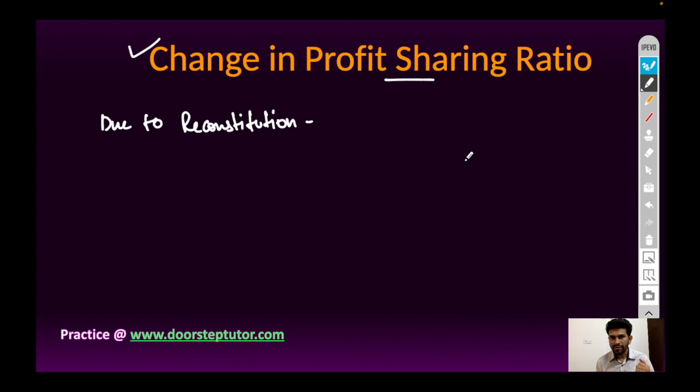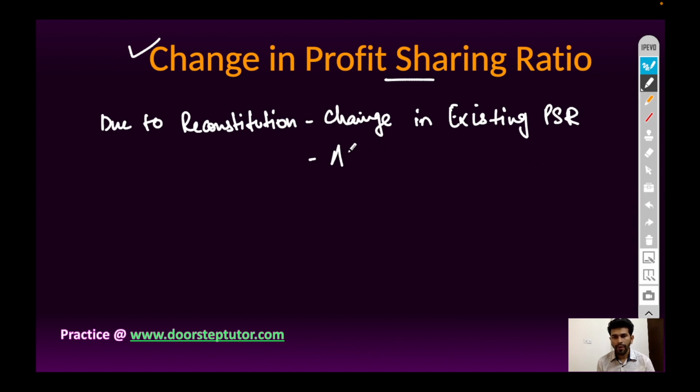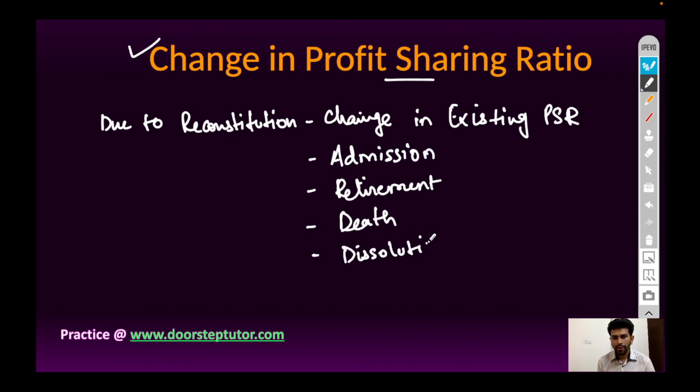There are five situations under reconstitution: change in existing profit sharing ratio, admission of a new partner, retirement of a partner, death of a partner, and at the time of dissolution.